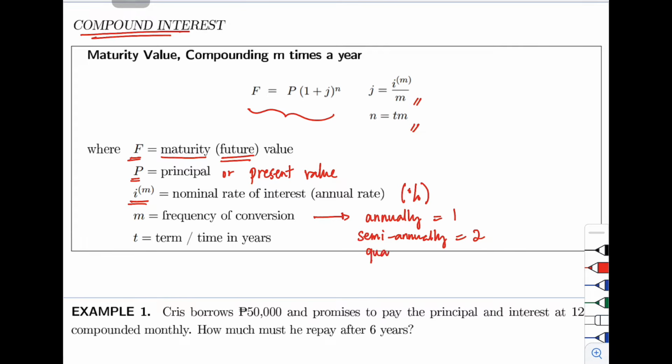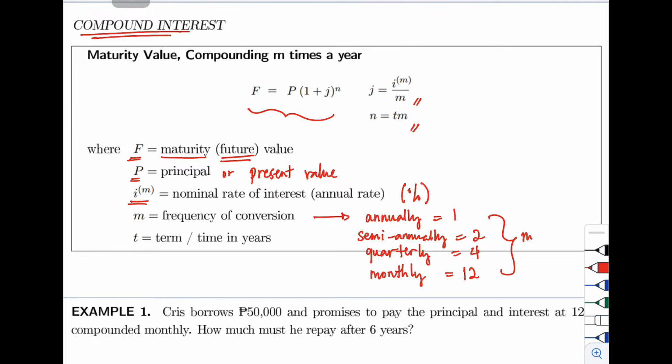Kung tayo naman ay naka-quarterly, meron tayong 4 quarters in 1 year. Tama? Then, kung tayo naman ay naka-monthly, ang M natin is equals to 12. Since meron tayong 12 months in 1 year. Okay? So, ito yung mga possible value ng frequency of conversion natin.